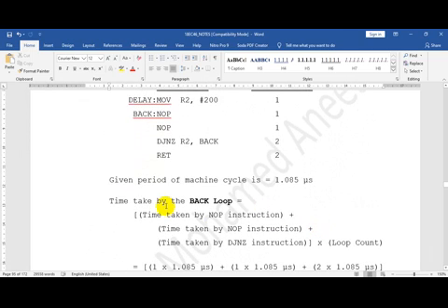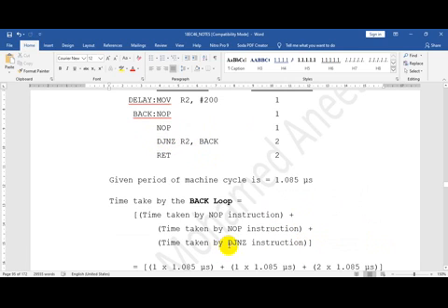So the time taken by the back loop is equal to how much? Time taken by this NOP instruction plus time taken by this second NOP instruction, plus the time taken by the DJNZ instruction.